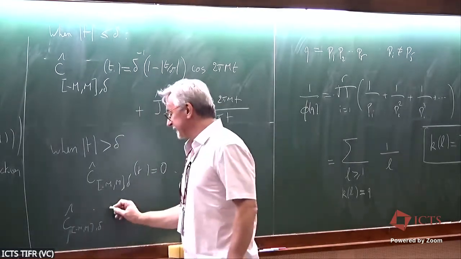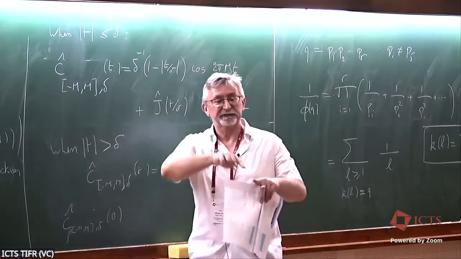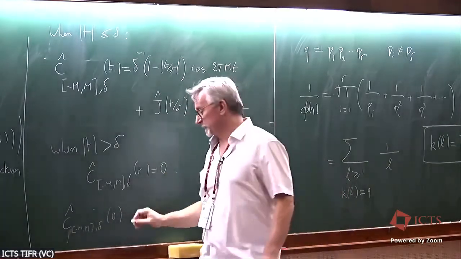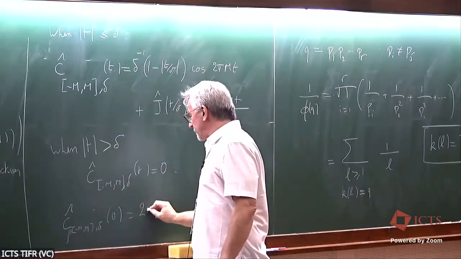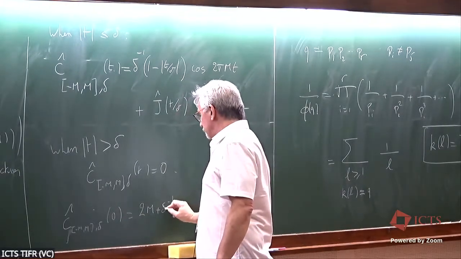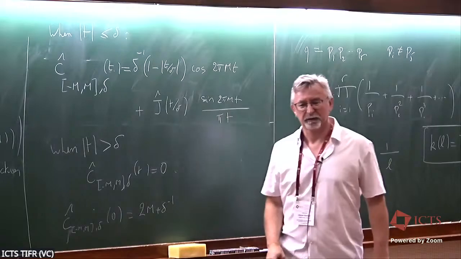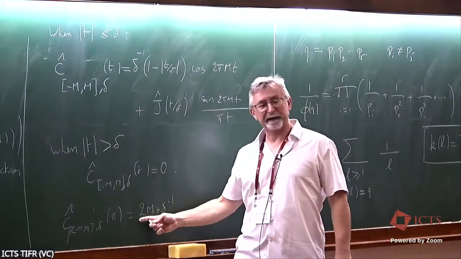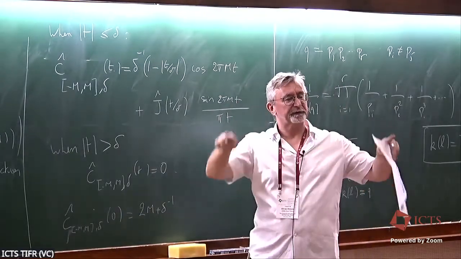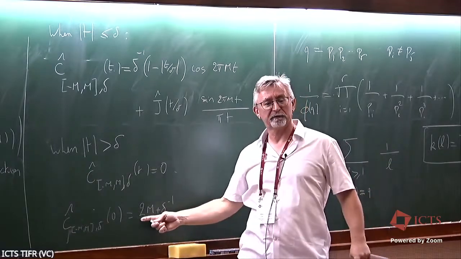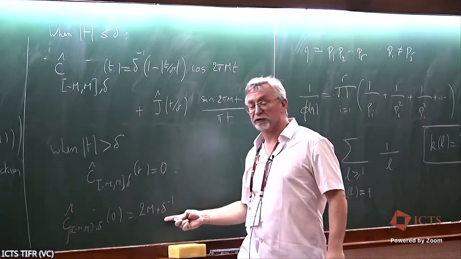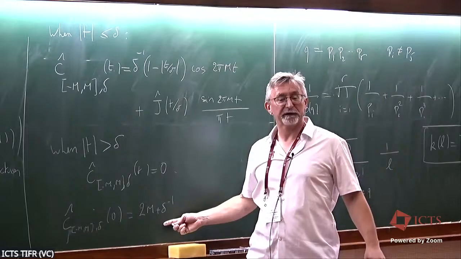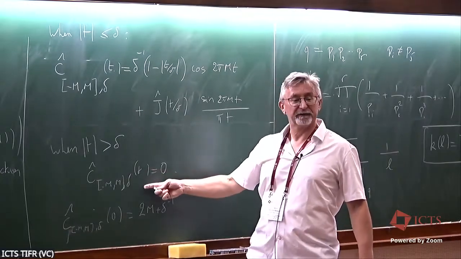So C hat at the point 0 is the total mass of my function. It is equal to 2m plus delta minus 1. So that's the mass of the characteristic function of minus m, m. That's 2m. What you lose is delta minus 1, which is your parameter here.